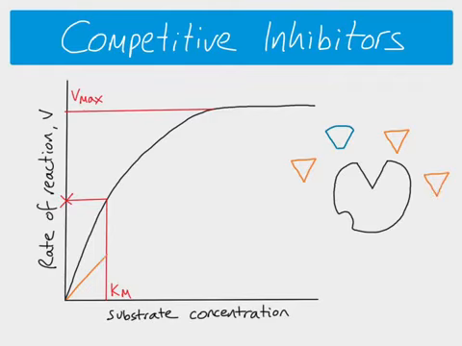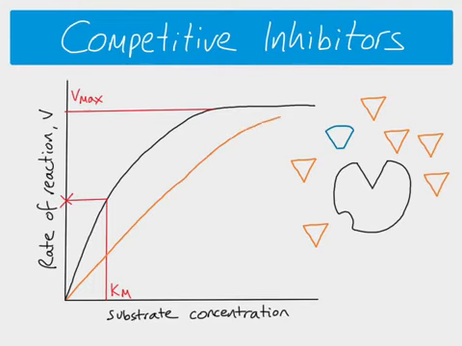If you increase the concentration of substrate, the rate of reaction still increases, but because you've always got your competitive inhibitor there, which is always able to block the active site, even though you're increasing the substrate concentration, at any given substrate concentration the rate is going to be lower with a competitive inhibitor compared to that same substrate concentration without it.